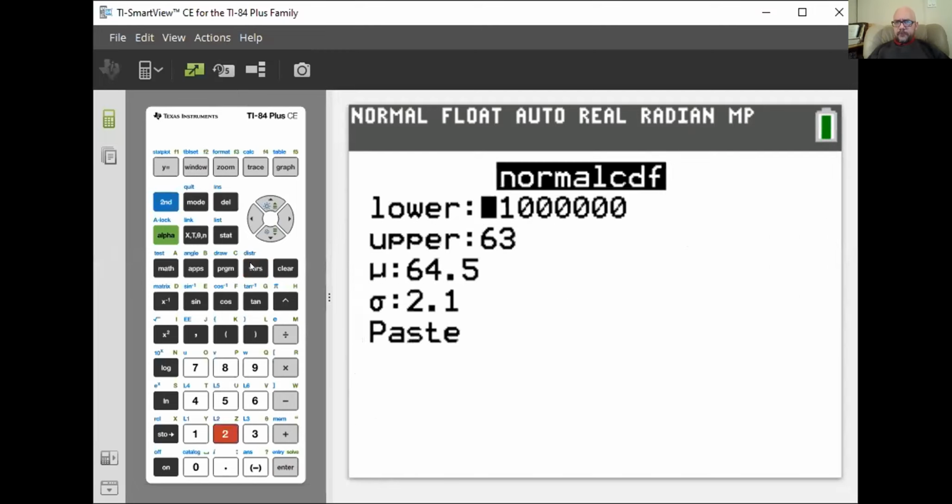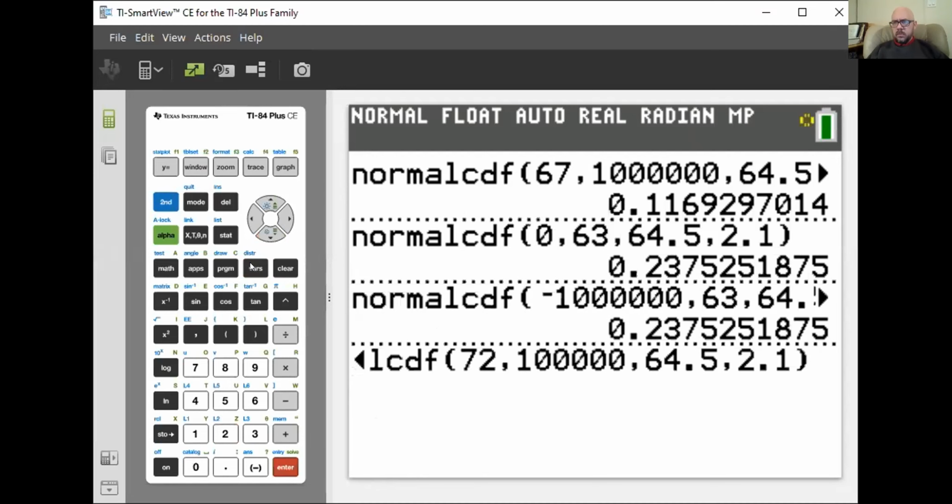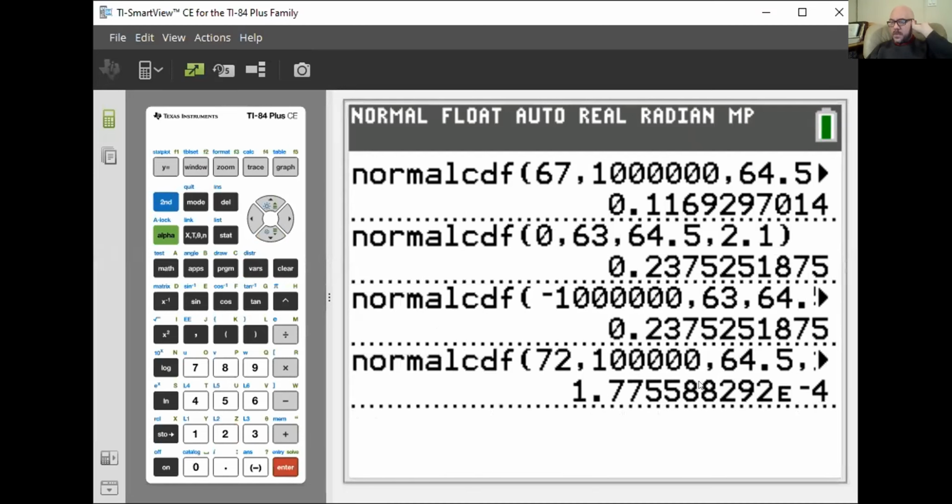So we've got normal CDF, lower bound of 72, upper bound of a very large number, the same mean and standard deviation. The answer is very small. So in addition to the or equal to part of this problem that I wanted to point out, I also wanted to point out this E-4.